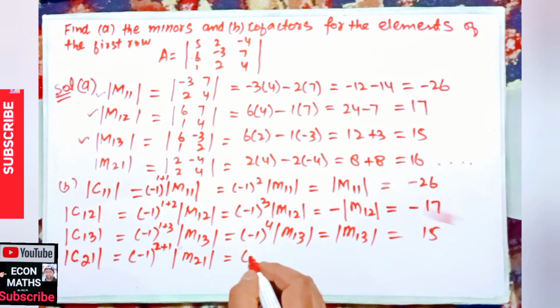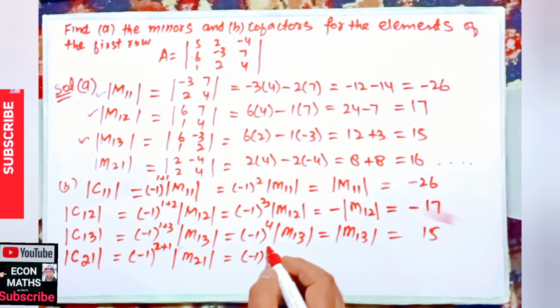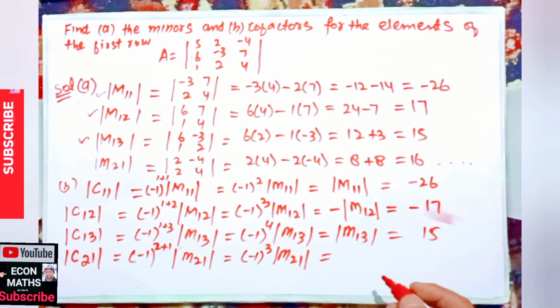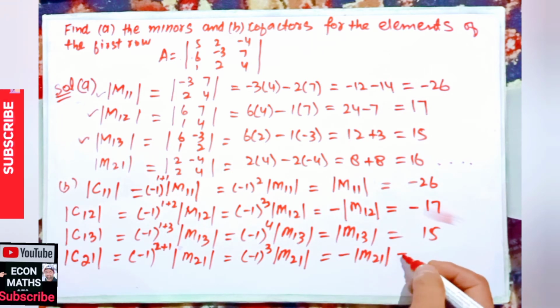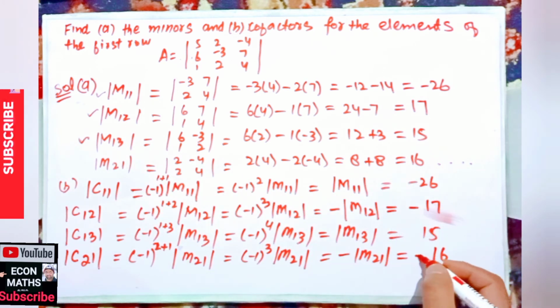Now this is minus 1 raised to the power 3, since 2 plus 1 is 3, multiplied with the corresponding minor M21. Now minus 1 raised to an odd power is minus, so this is minus M21. Now our M21 was 16. Now the sign here is minus, so this is minus 16. And similarly, we can form a cofactor matrix. The cofactor matrix will look like this. So I will rub this.